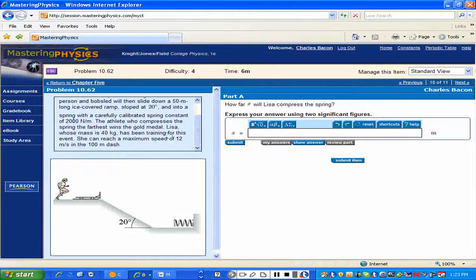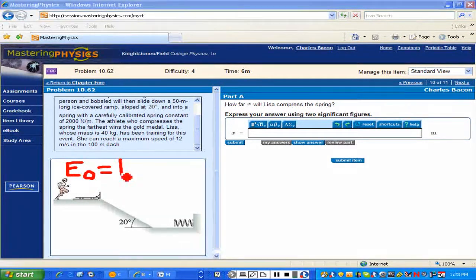So we approach this problem from the standpoint of energy. And look at the total energy up here at the beginning of the problem. What do we have? Well, the runner has kinetic energy. Let's call that K0R.